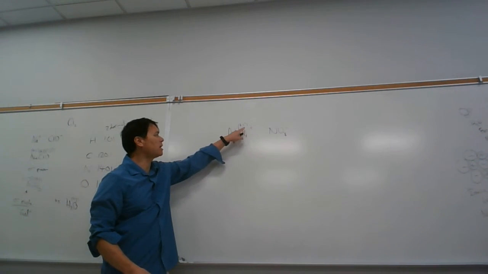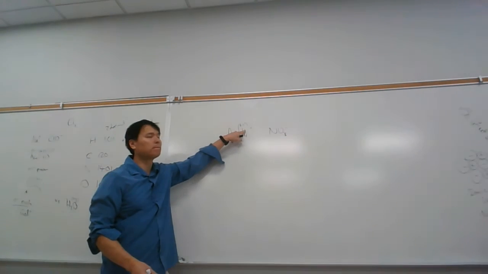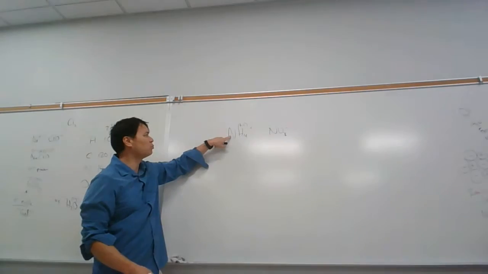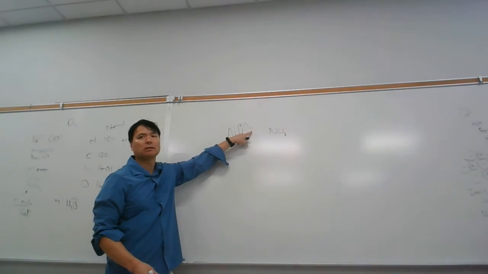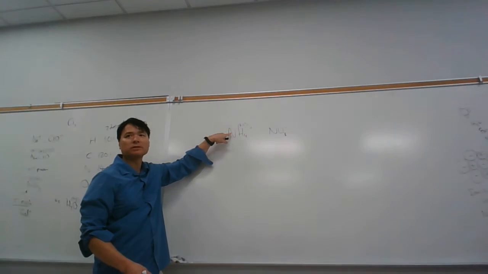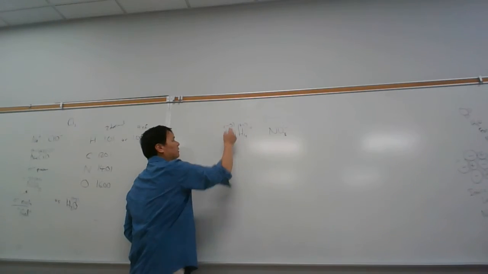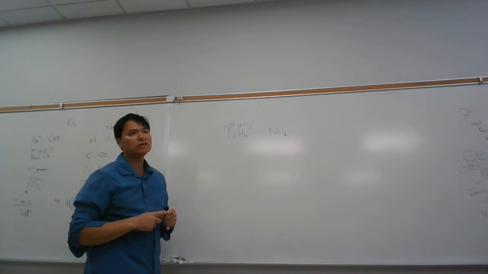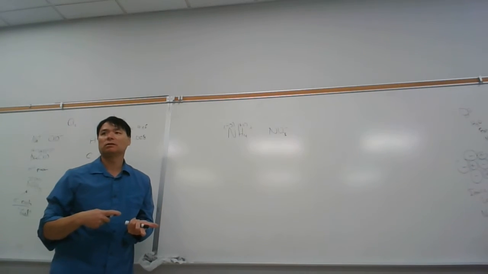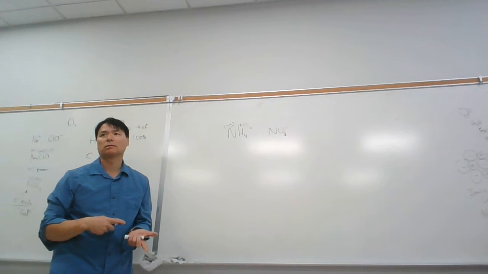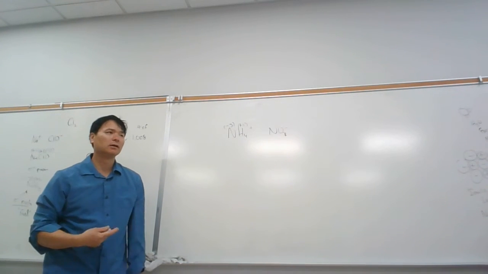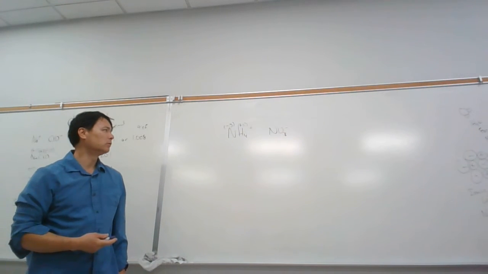So I have 4 times +1 gives me +4. +4 plus what gives me +1? +4 plus a -3 gives me +1. So when we look at that, nitrogen at -3 is what we call electron rich or electron poor? Rich. That's pretty rich. It's got the gold coins. It's hard to hold on to.